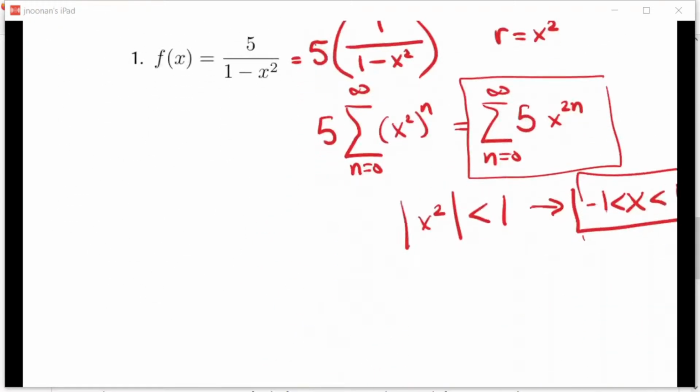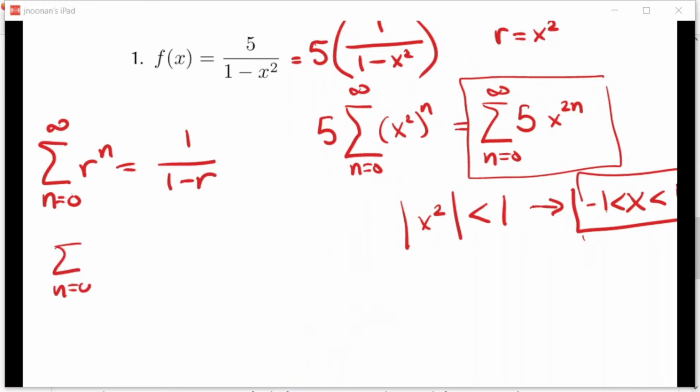So here's the geometric series that we're using, just to remind you. The sum of r to the n is equal to 1 over 1 minus r. If you had 1 over 1 minus x, that's going to equal the sum from n equals 0 to infinity of x to the n.